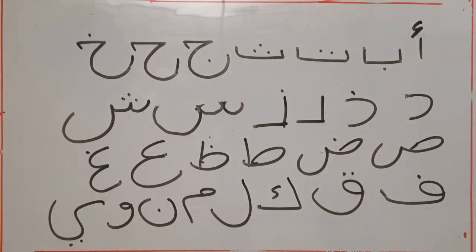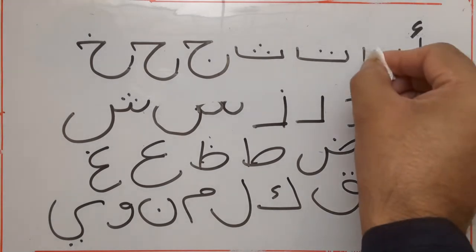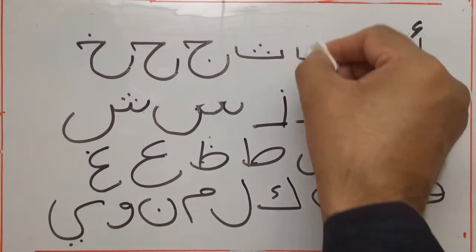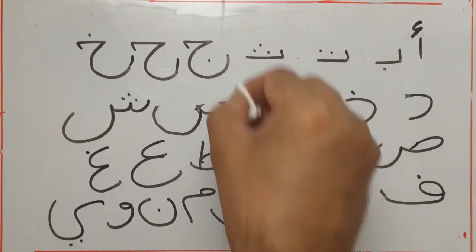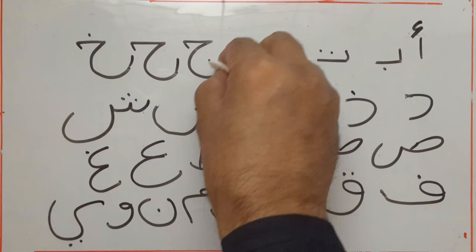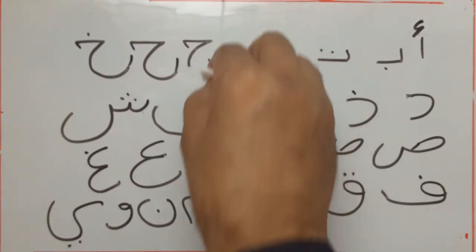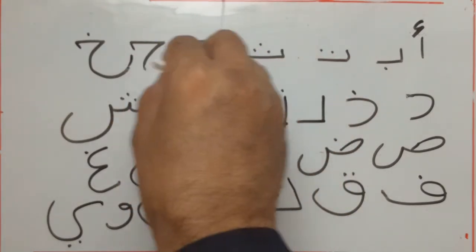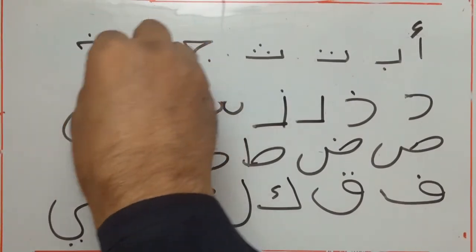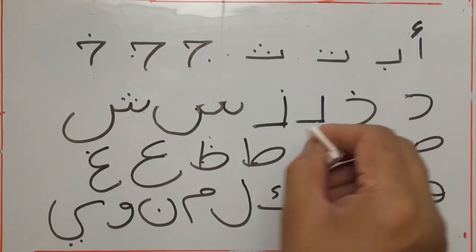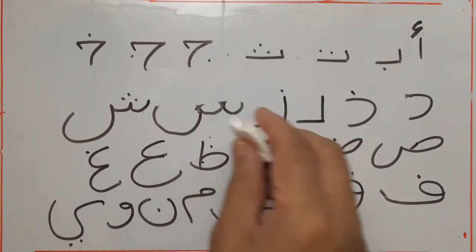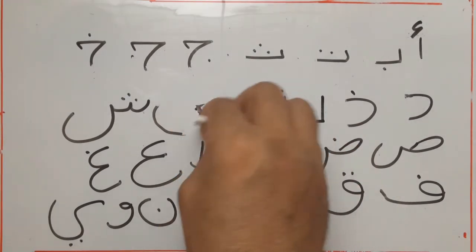Okay, here we are. And for my last trick, we'll rub off some of the letters to make these into small letters in the alphabet. Okay, you've got ba, ta, tha, jim, ha, kha. Dal, dhal, ra, za, they stay the same. Seen, we take out the loop.